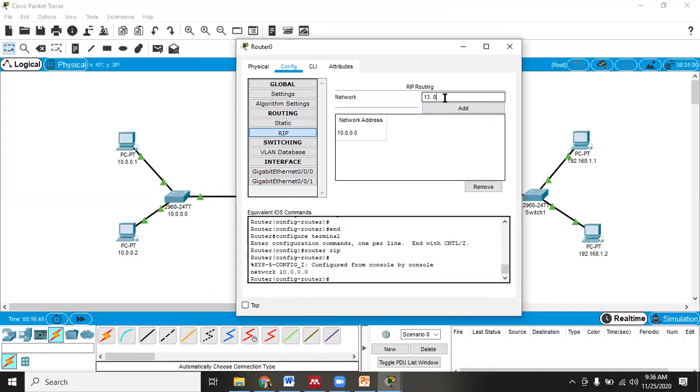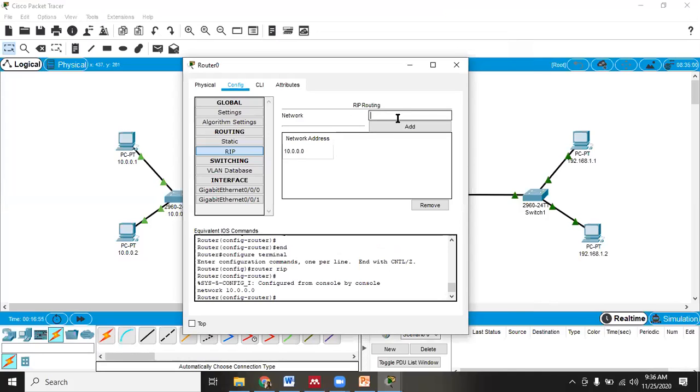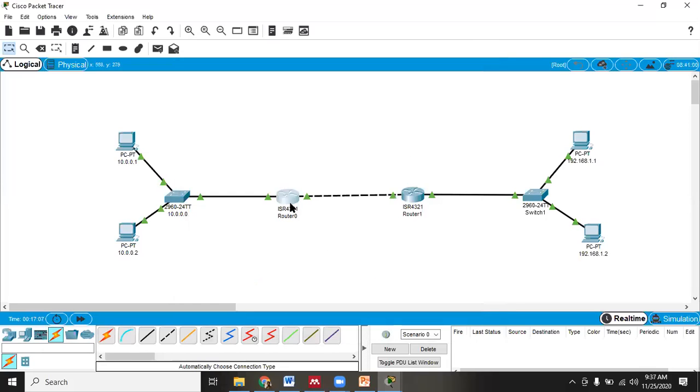So the network 10.0.0.0 is there, the network 13.0.0.0 that we have used, and the network 192.168.1.0 that we have used, right? So this router is configured.